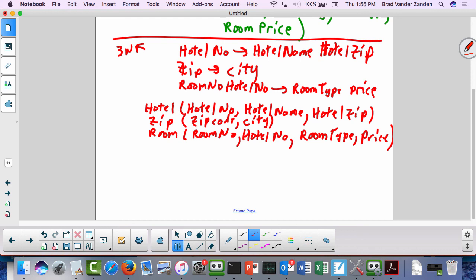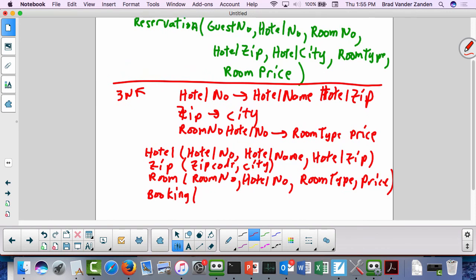And actually reservation, which now becomes the booking, all it's left with, looking back up here, is it's still going to have the guest number, and it's still going to have the hotel number, and it's still going to have the room number, because those were all in the determinants. And it's still going to have the date from and date to.